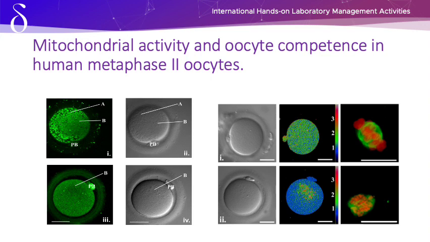Now the frames on the right show another 2 M2 human oocytes, now stained with a dye looking at mitochondrial activity. And you can see at the bottom oocyte the activity, which when it's very high is red.